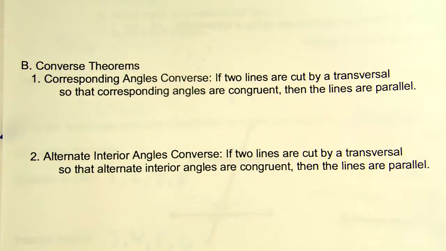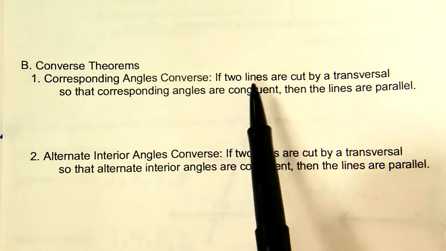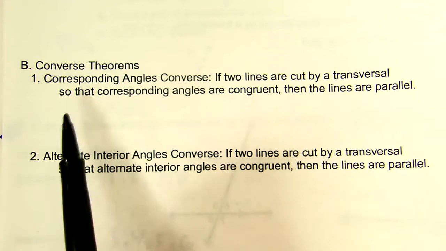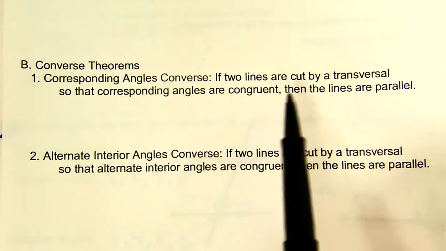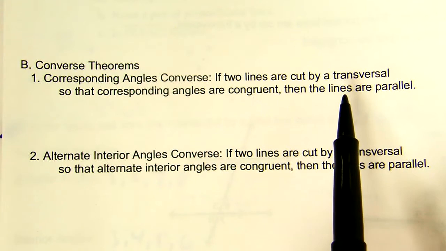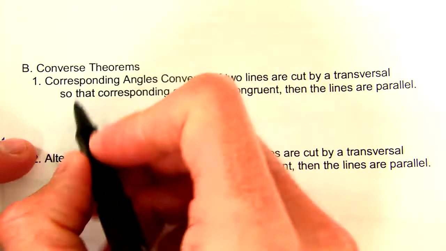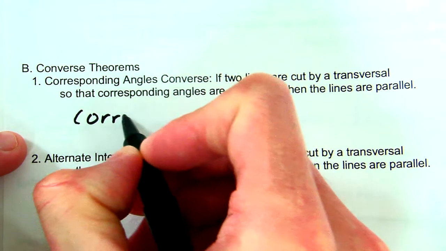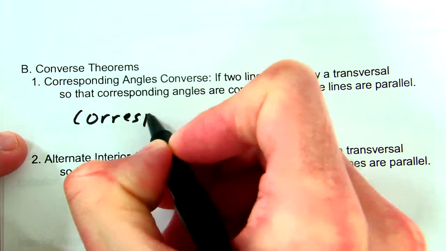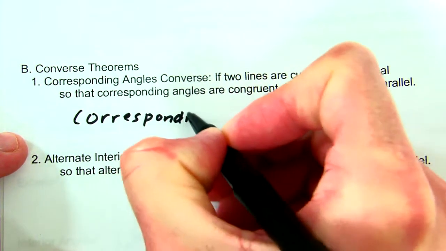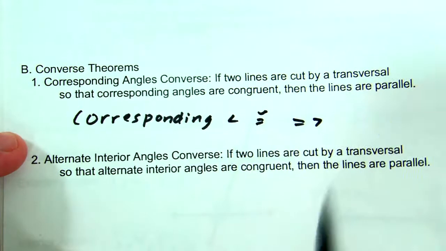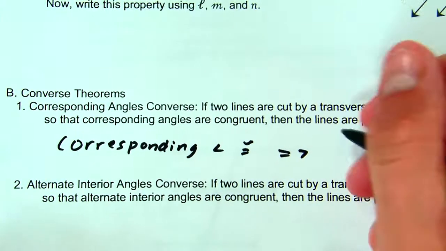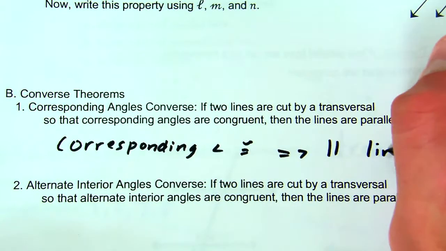So notice what happened here. We have: if two lines are cut by a transversal so that corresponding angles are congruent, then the lines are parallel. So in this case, we have corresponding angles congruent first, and then we are concluding that we have parallel lines.